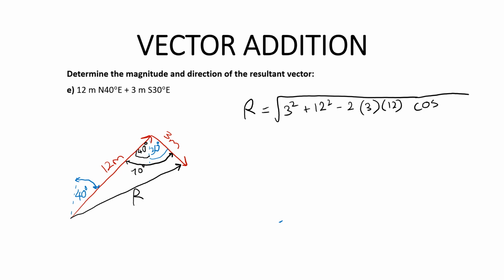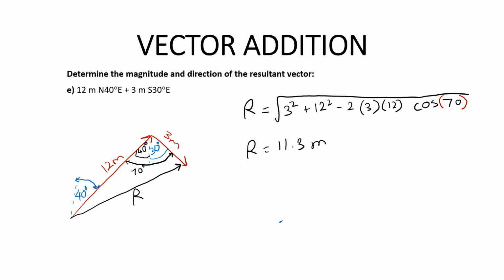Which theta? Theta that is opposite to the unknown, which is 70 degrees. If we use the calculator and we press cos, the calculator opens a bracket, so make sure you close the bracket. So the answer is 11.3, and the unit is meters, because these two vectors are in meters, therefore our resultant is also in meters.